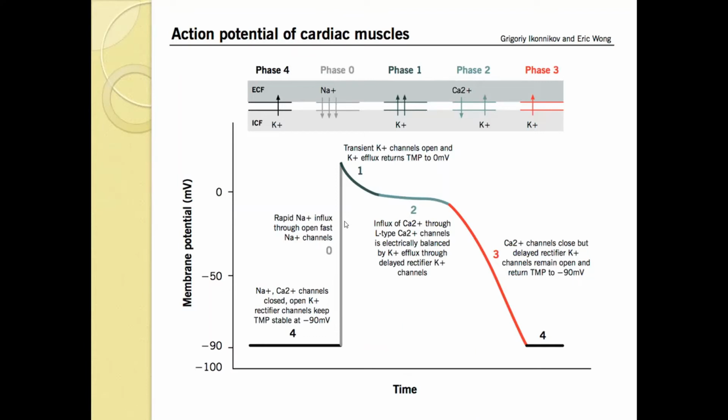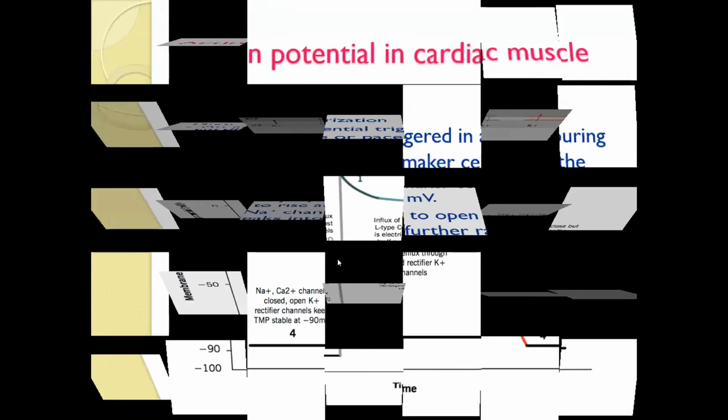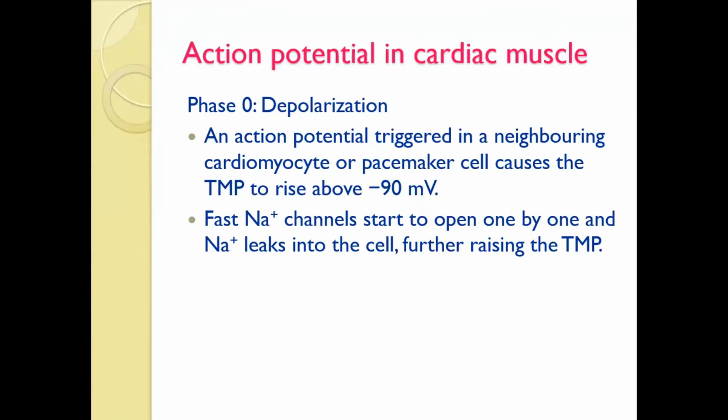Now we go to phase 0, where you have rapid influx of sodium through fast channels. Phase 0 is called depolarization. An action potential is triggered in the neighboring cardiomyocyte or pacemaker cells, causing the transmembrane potential to rise above negative 90 millivolts.